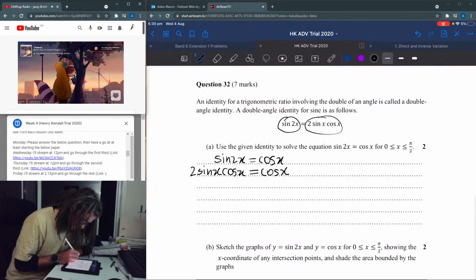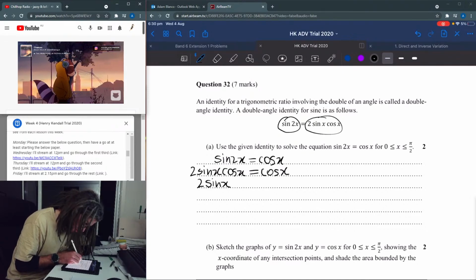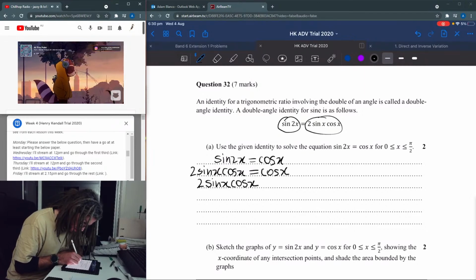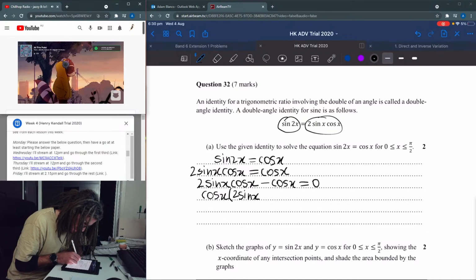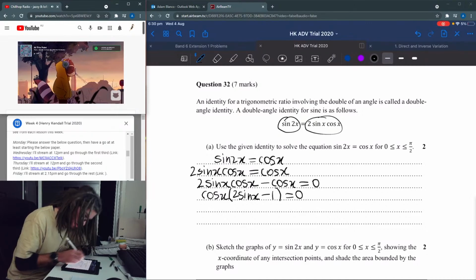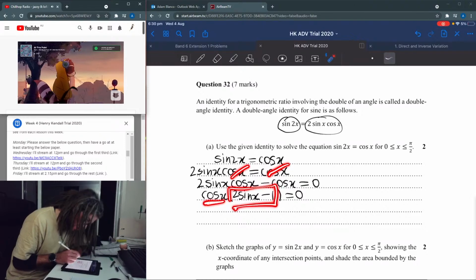That means, let's bring the cos x over. So I was going to cancel then, but that'll get rid of a solution. I'm just going to minus cos x. So then factorize the cos x. Minus 1. If I went like this just then I would have only had this solution, but I also need this one.